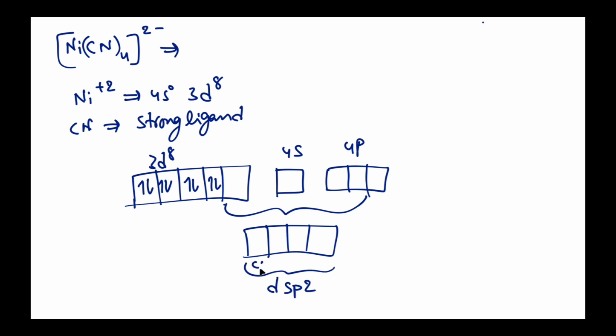So here the cyanide ion donates electrons. So Ni(CN)4 2 minus has square planar arrangement.